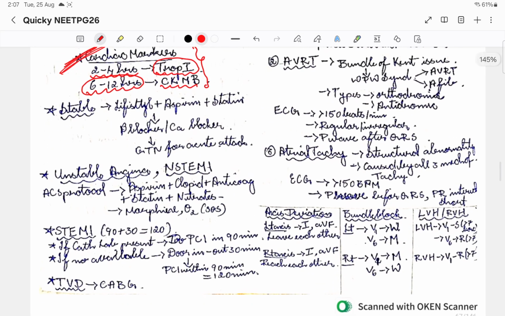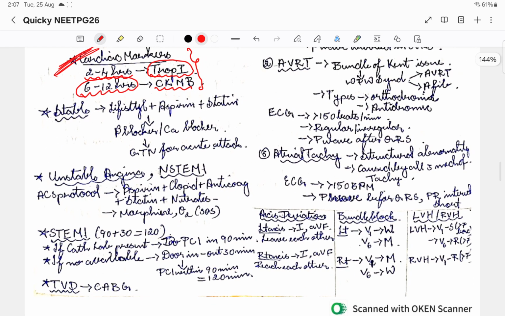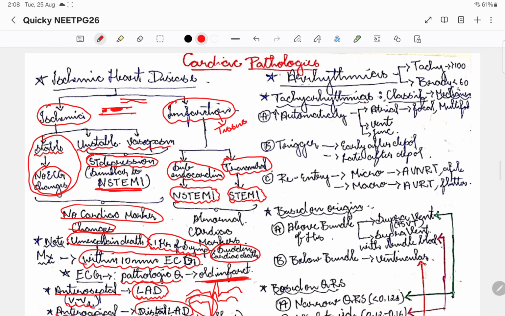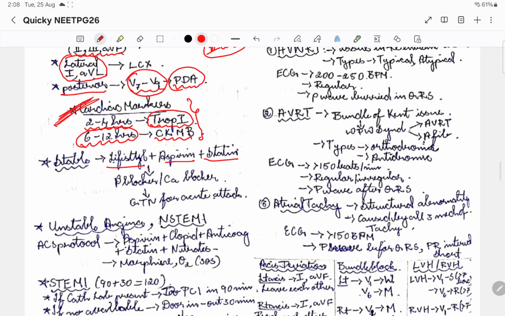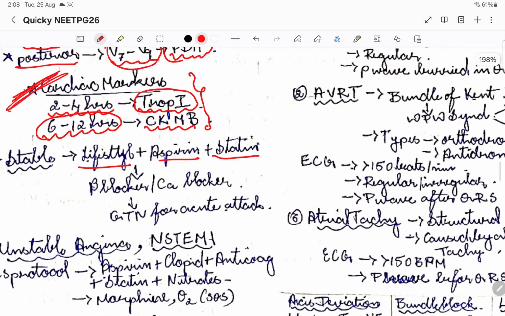Then how do we manage these patients? For stable patients, if it is stable ischemia that is happening, it is going to be lifestyle changes, and aspirin and statins can be given. I told you, right, in stable angina there are no cardiac marker changes. So once the patient comes to me, the prescription I'm going to give is lifestyle changes, aspirin and statin.